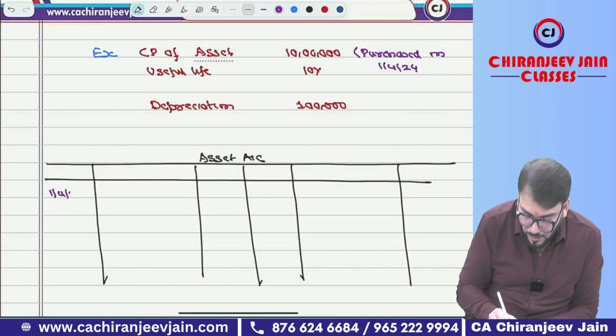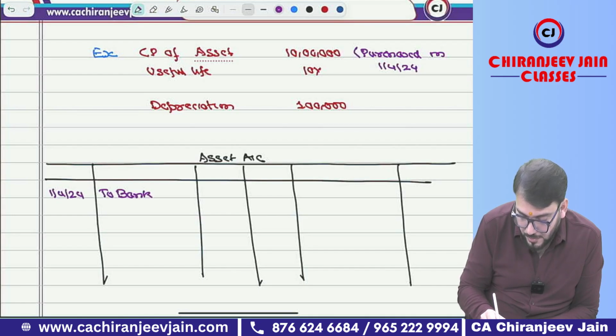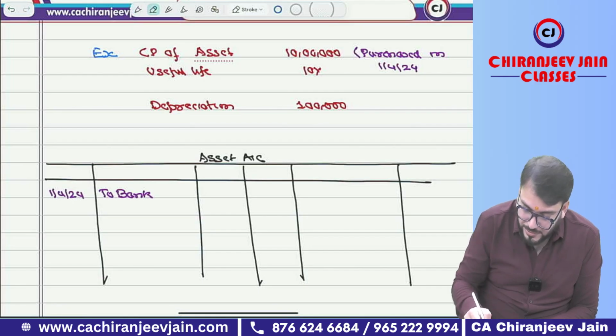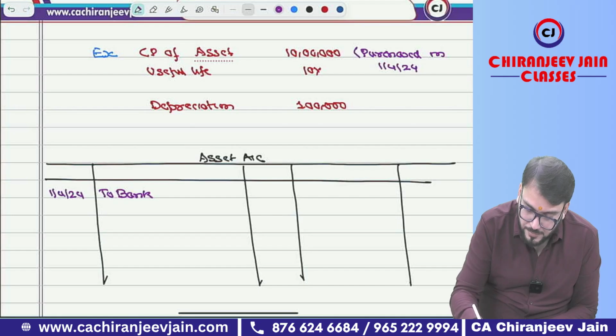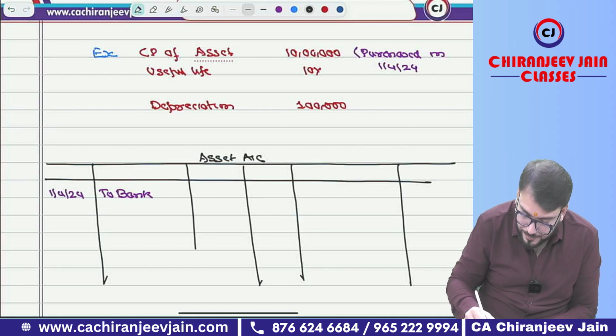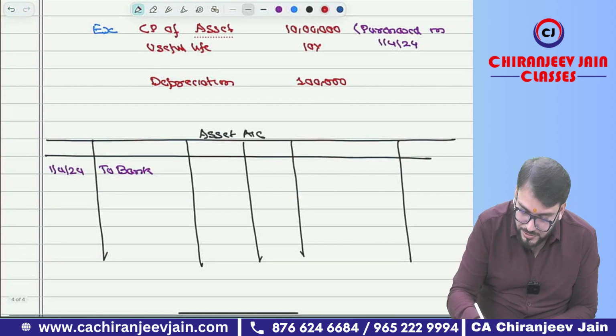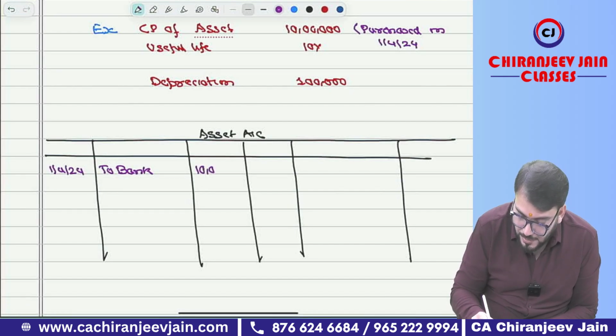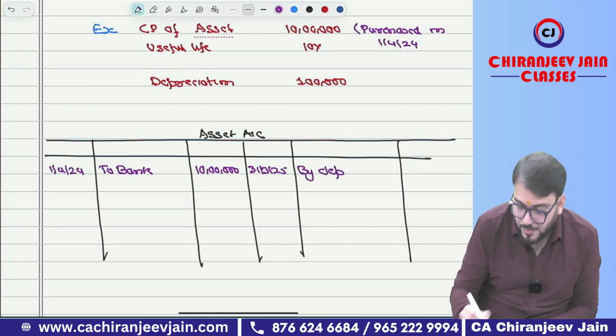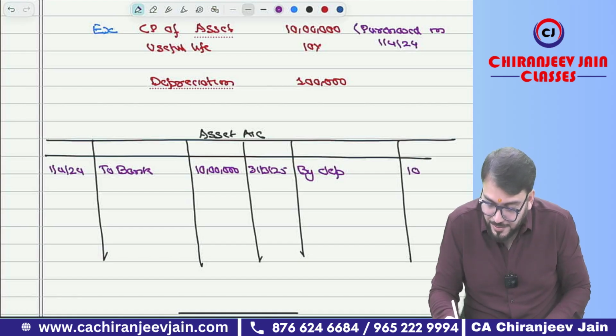So on 1/4/2024 we will pass one journal entry to bank. How much? It is 10 lakh. Then at year end we will pass one journal entry on 31st March 2025 by depreciation. By depreciation, how much? 1 lakh.